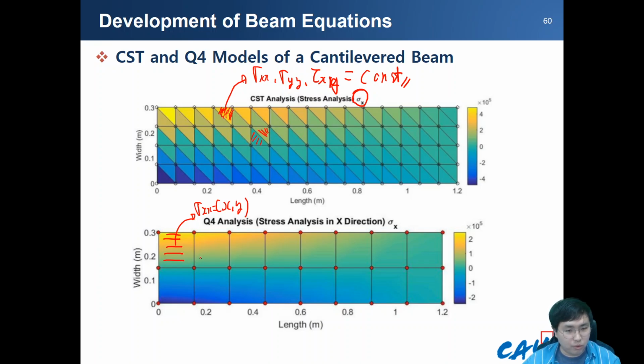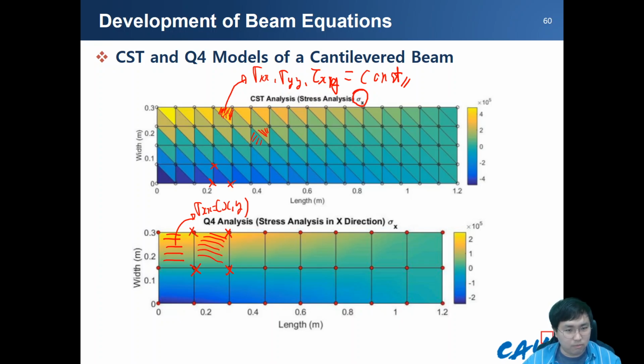However, the QPO element shows some gradient or variation of the values of stress or strain inside the element, so the QPO element has some benefit in interpolating the result. Actually, exact values are only calculated at each nodal point, and inside the element the values are interpolated.